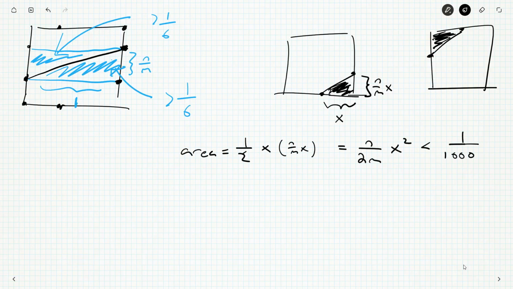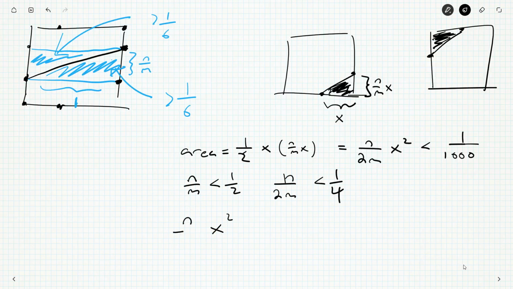I'm not seeing a way to get m and n in here at all. So x squared. No, let's say I know n over m is less than 1/2. So n over 2m has got to be less than 1/4.